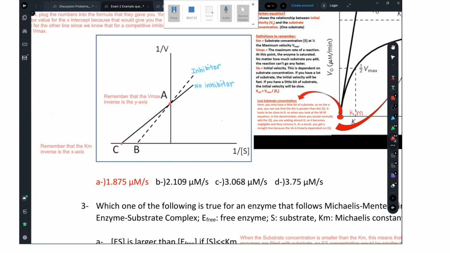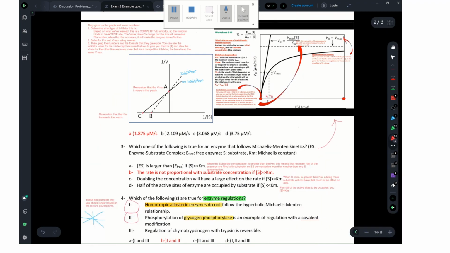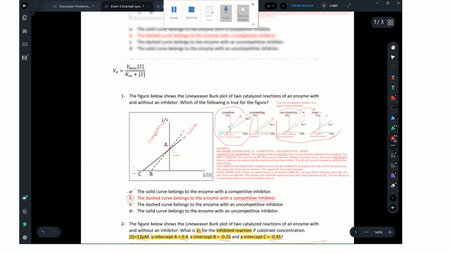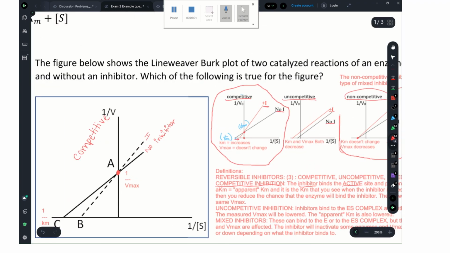So again, we kind of have a clue, and we can see that both of these lines are crossing at the same y-intercept. So that means that we automatically know what kind of inhibitor this is. We just have to go up here and remember that this is a competitive inhibitor because the y-intercept is the same and the Km increases.